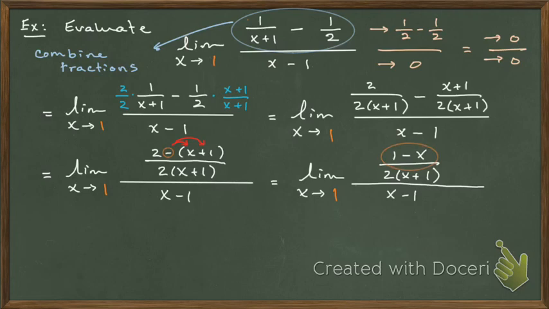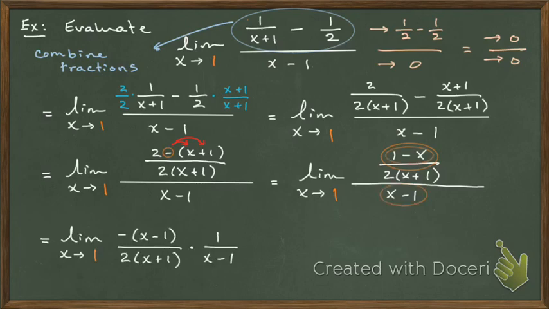When I divide, it's the same as multiplying by the reciprocal. The reciprocal of x minus 1 is 1 over x minus 1. And that 1 minus x that was in the numerator, I'm going to factor out a negative. So I see x minus 1. Now that cancellation appears. I divide out the x minus 1s.